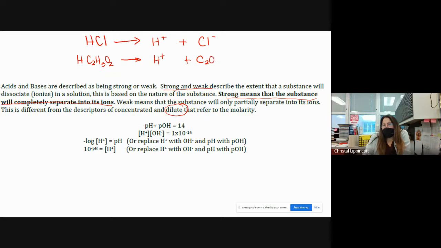And we denote that. Oops, shoot. Sorry, it's hard for me to talk and write at the same time and do it correctly. So we denote that this isn't going to go completely by doing a reversible arrow here. Because actually what's happening is we've got this forming into this, and then a little bit of this actually reforms, but very, very little of it.